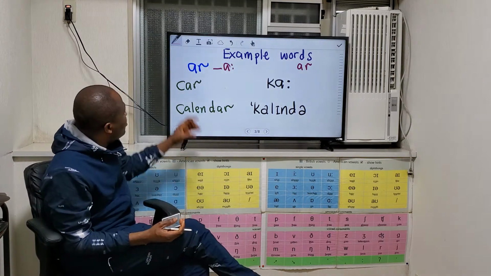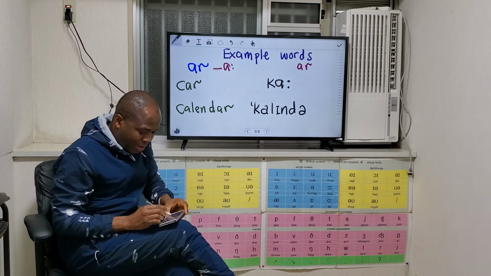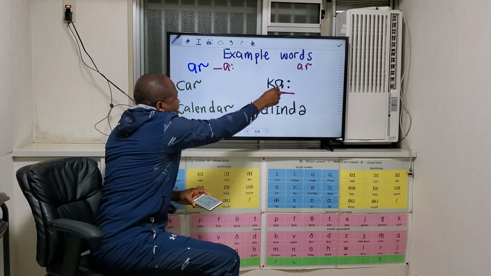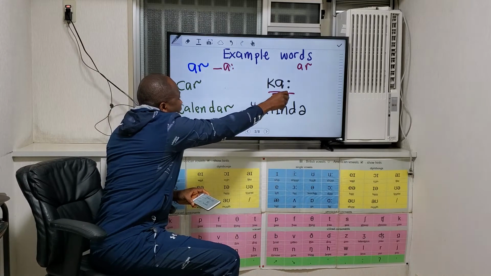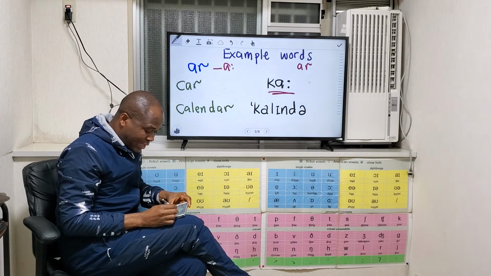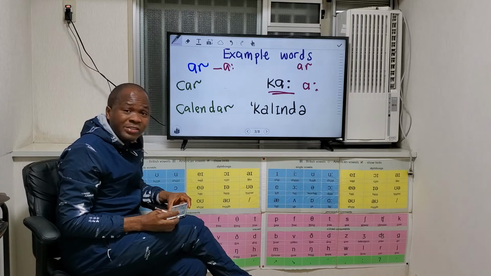So we have the car. If you look at the pronunciation spelling of car, you realize that we have the sound R. So the AR is able to produce the R sound.